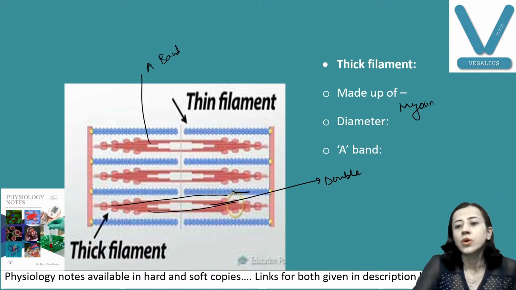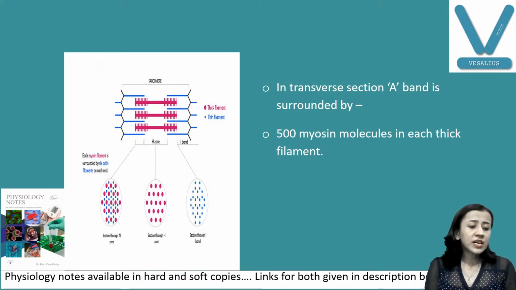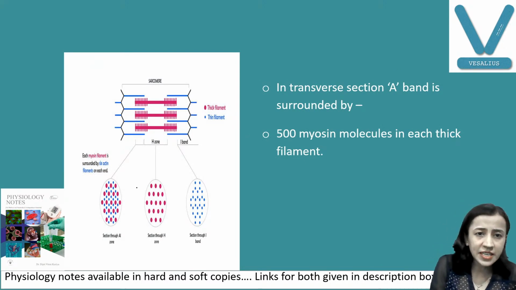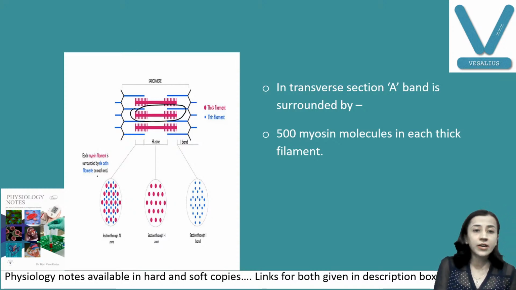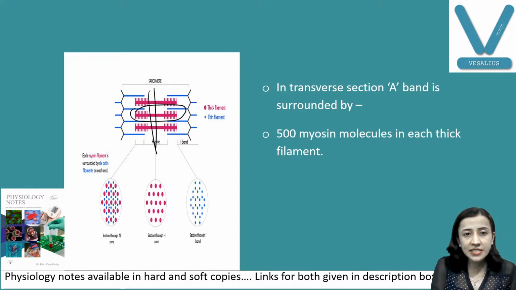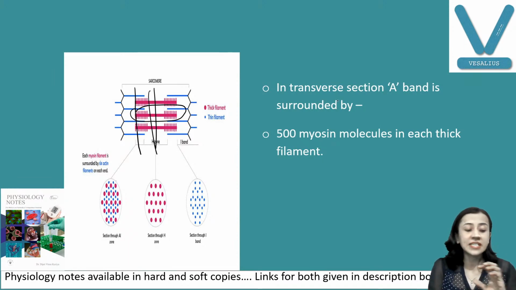Now if you take a cut section, you can see here, this is the myosin filament. This myosin filament is surrounded by actin filaments on all 6 sides. But if we take a section of the part where A band and I band are in contact, you can see actin filaments surround the myosin filament on all 6 sides.